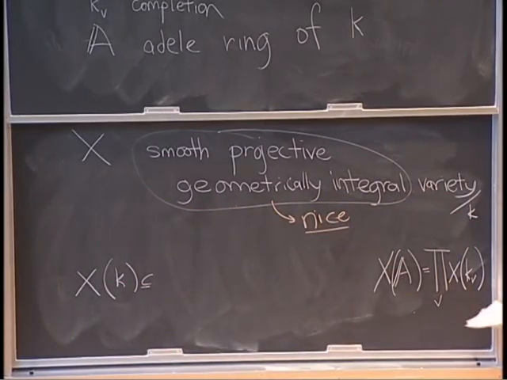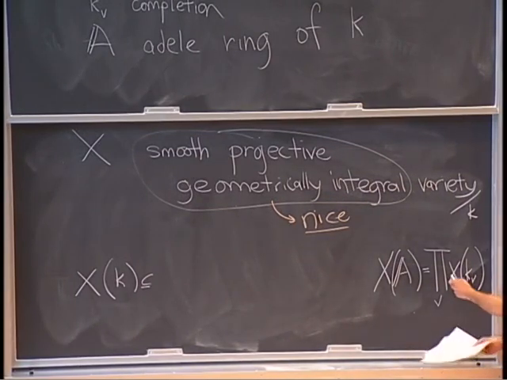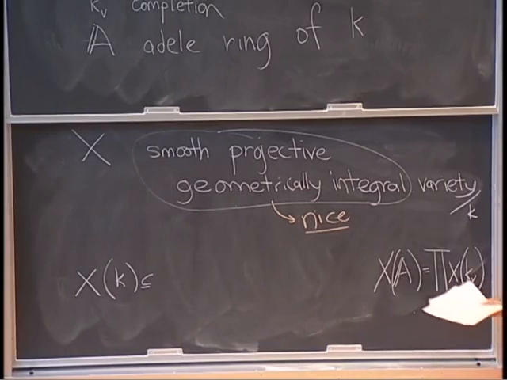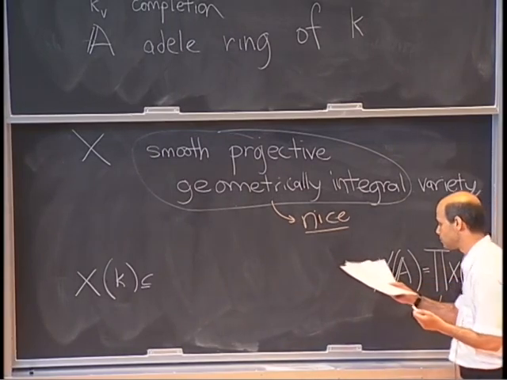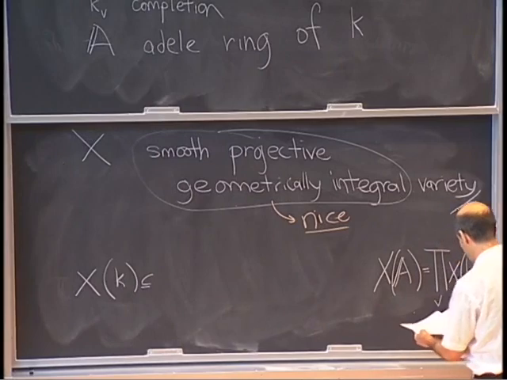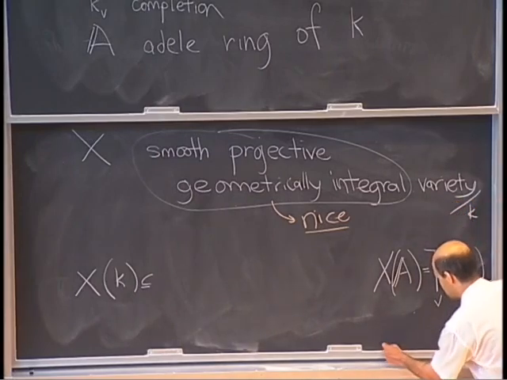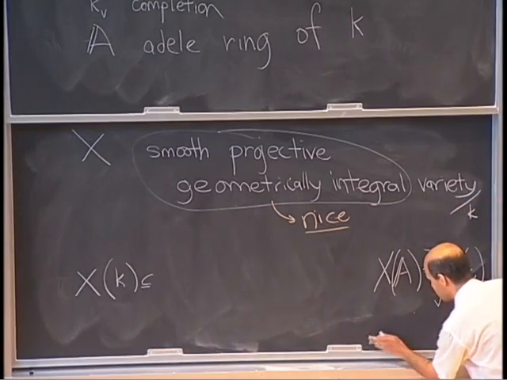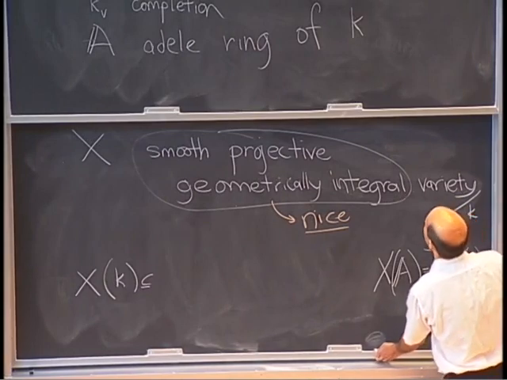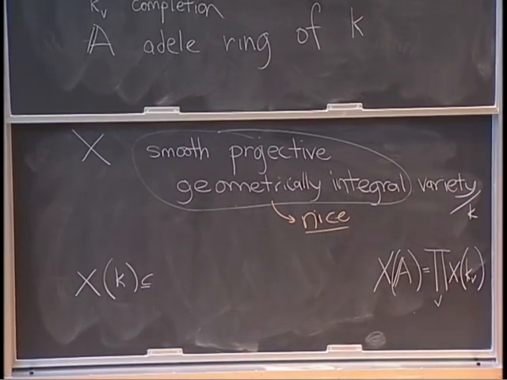But as we know, there are many examples where a variety has local points everywhere, but not any rational points. The first examples were given by Lind and Reichardt. Let me write it over here again.